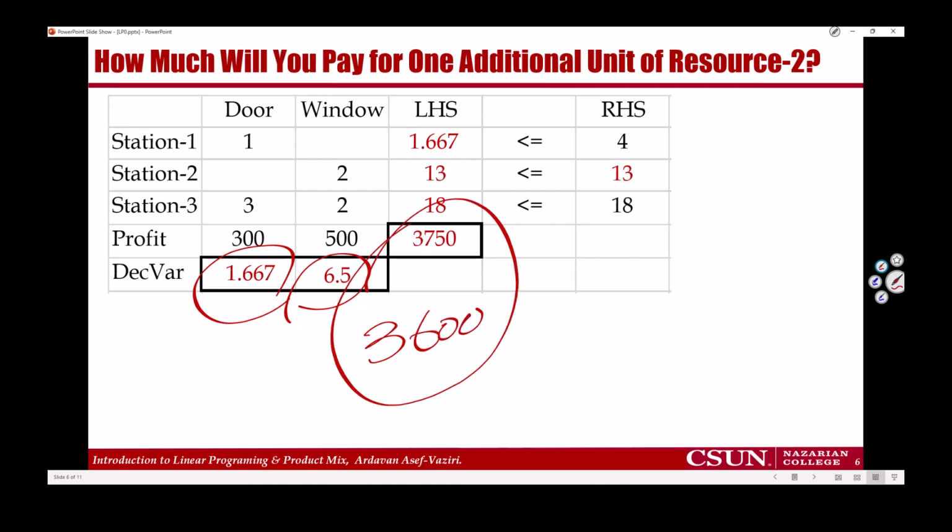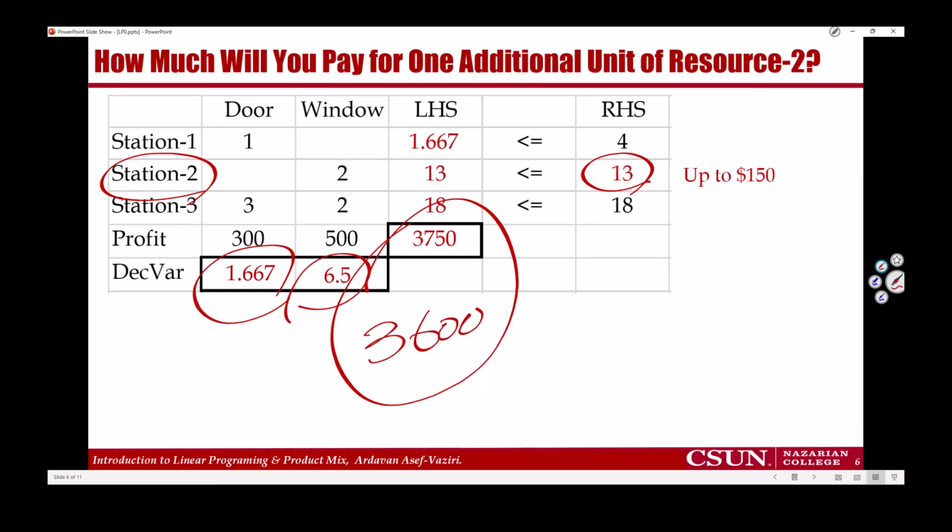This is $150 more than the previous profit. Therefore, we are willing to pay up to $150 to purchase 1 additional unit of this resource, to add 1 additional unit to capacity of this resource.